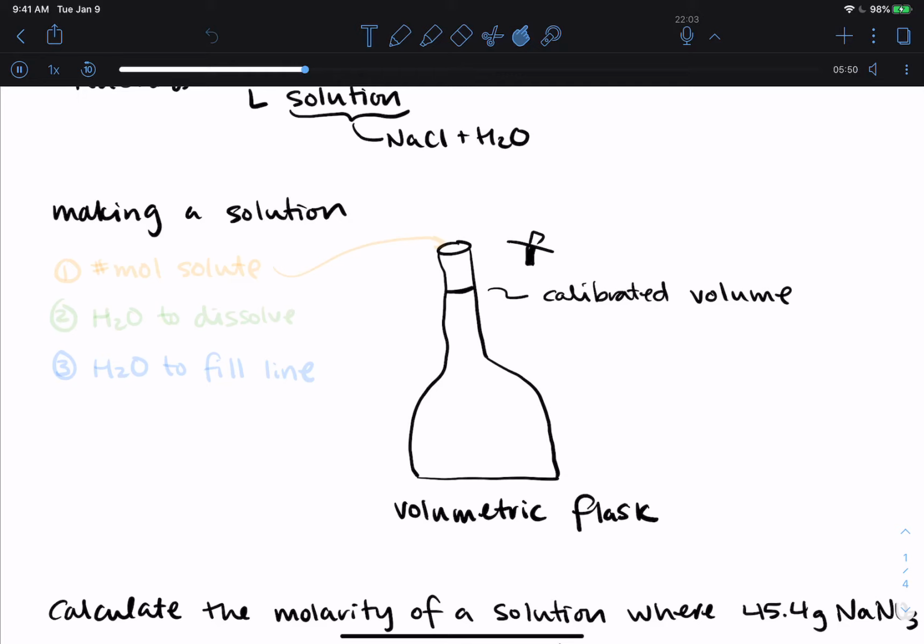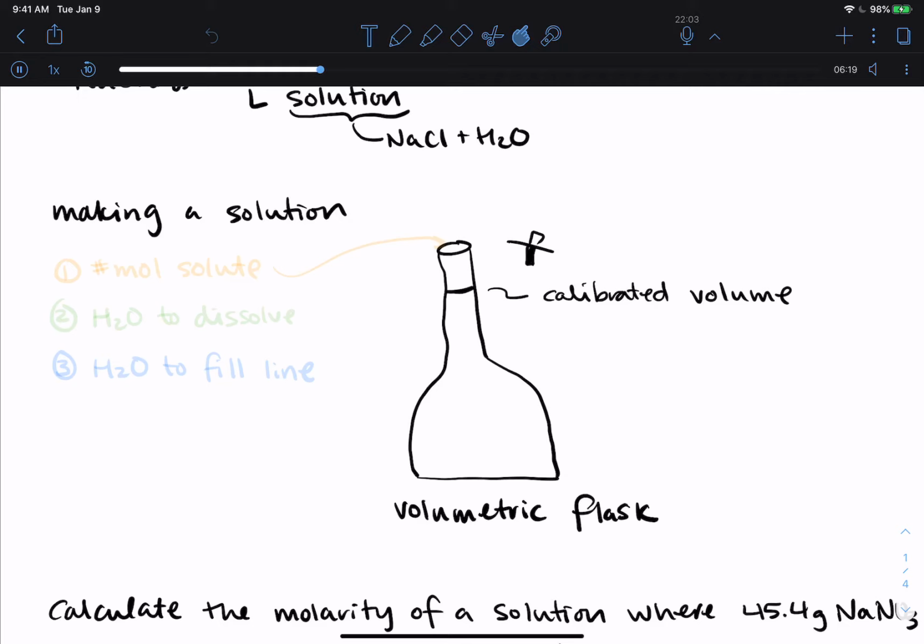And we use these to make solutions, so we'll know we have exactly 100 mL of our solution. All right, so in order to make this, if you were to fill this completely up with water and then add the solute, your volume would end up being bigger than it is supposed to be, right? And then you can't accurately use your volumetric flask because it's only calibrated to that one specific line.